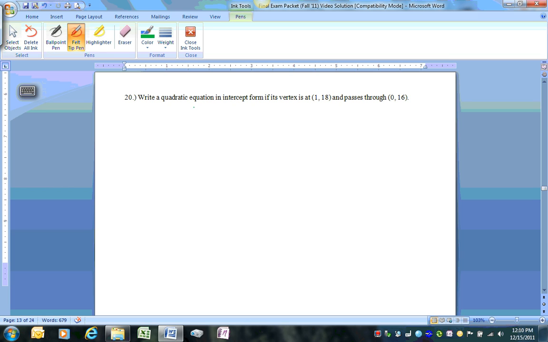So here's the process. Start with vertex form, because you're given the vertex. Convert to standard form.